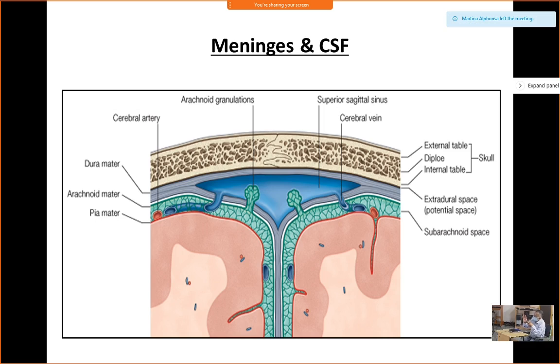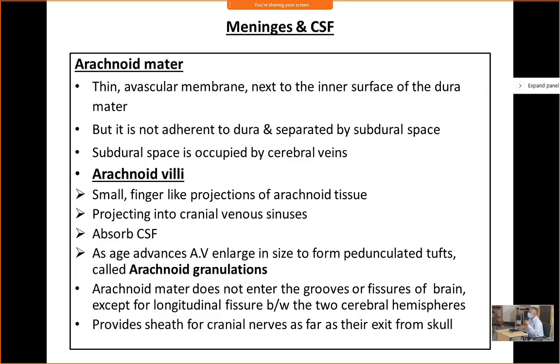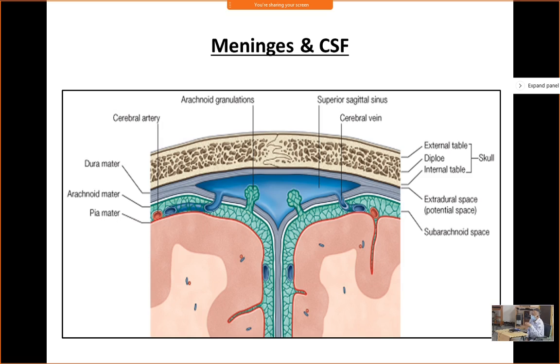When the arachnoid villi enlarge in size, we call them arachnoid granulations. So granulation is the last stage of the villi. They are small finger-like projections of arachnoid tissue projecting into the dural venous sinuses. Here you see it extending into the dural venous sinuses.